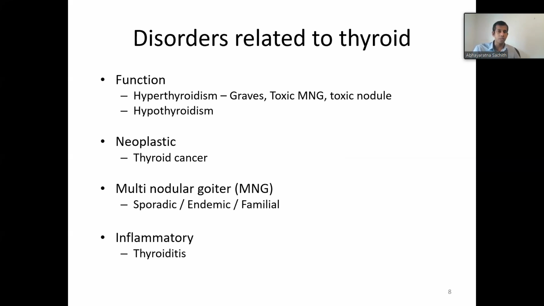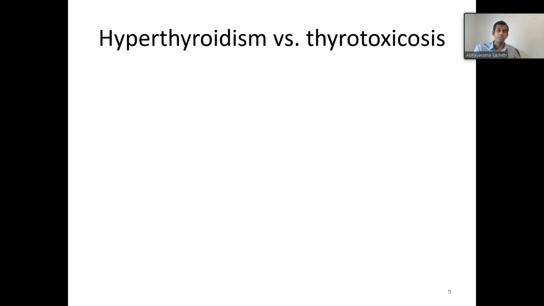For hyperthyroidism there are multiple causes. The main three are Graves, toxic multinodular goiter, and toxic nodule. I'm mainly focusing on Graves. Professor Sanjeev will discuss the other etiologies. And then thyroid cancers are there as neoplastic ones. When you take multinodular goiter, it can be sporadic, endemic, or familial. And then there are inflammatory conditions like subacute thyroiditis, which cause increased thyroid levels.